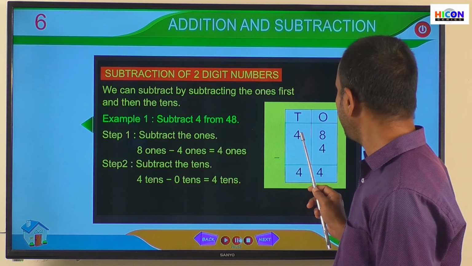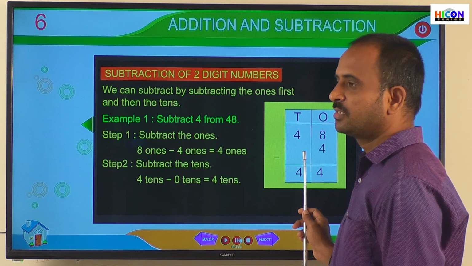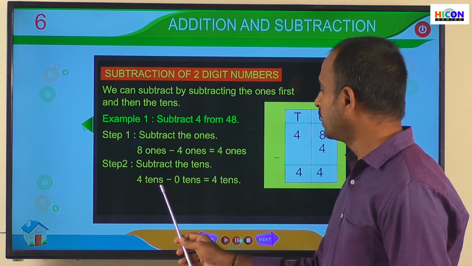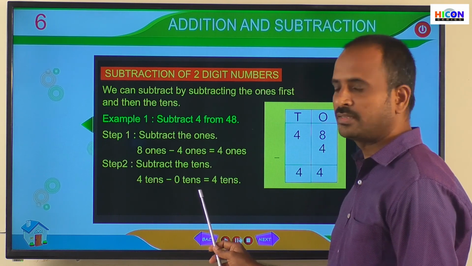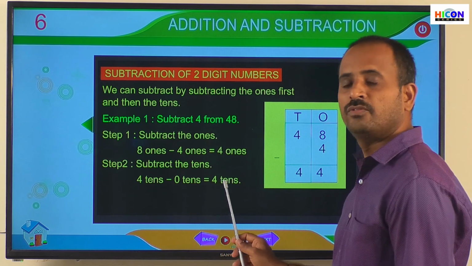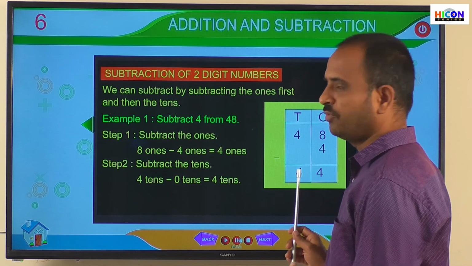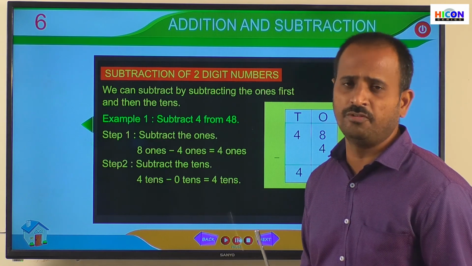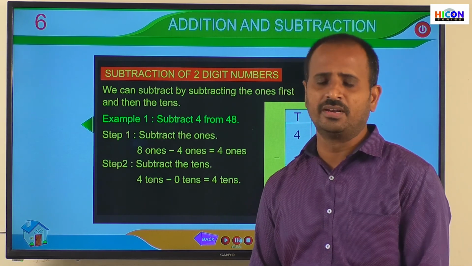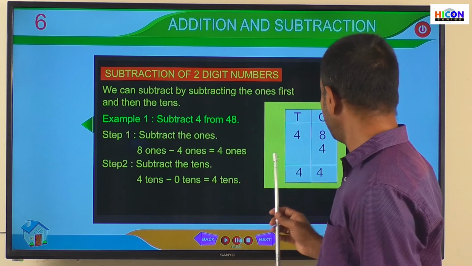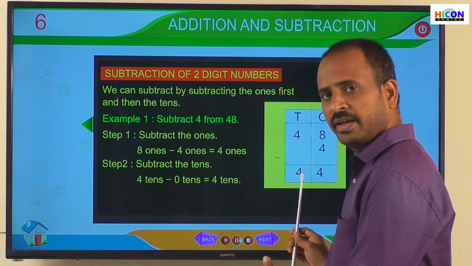That means 4 tens and 0 tens. 4 tens minus 0 tens is equal to how many tens? 4 tens. If you subtract 0 from any number, you will get the same number. So 4 minus 0 is again 4.